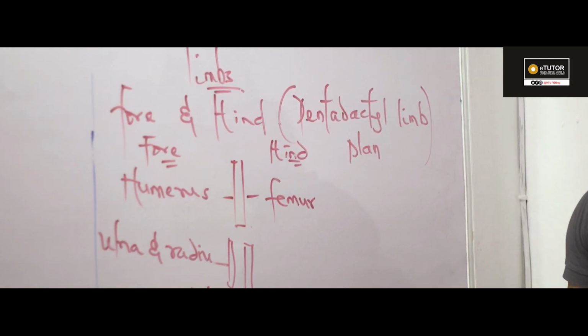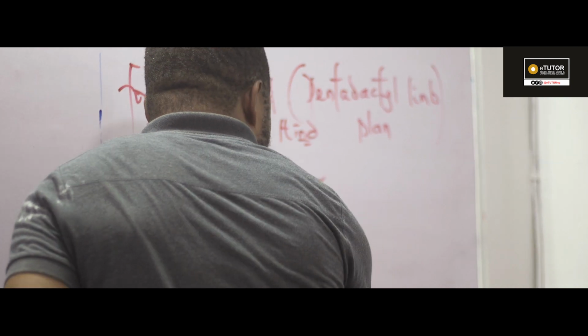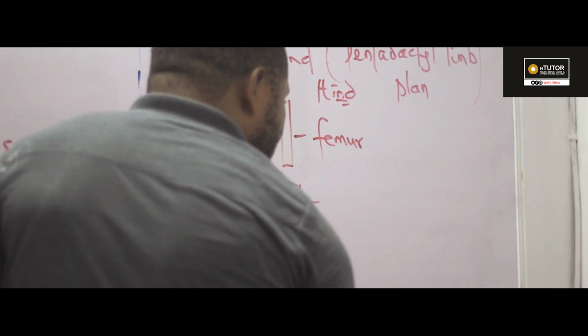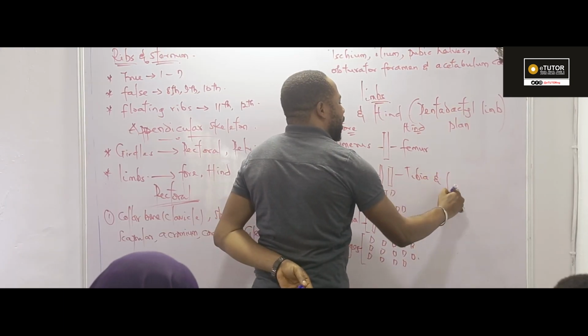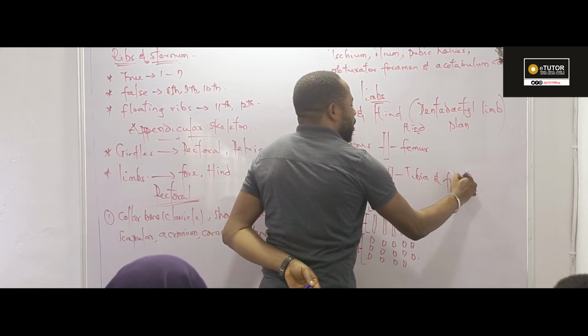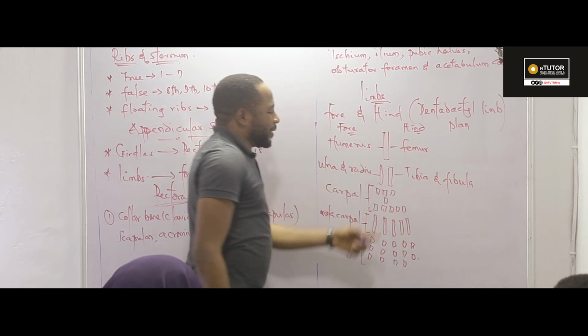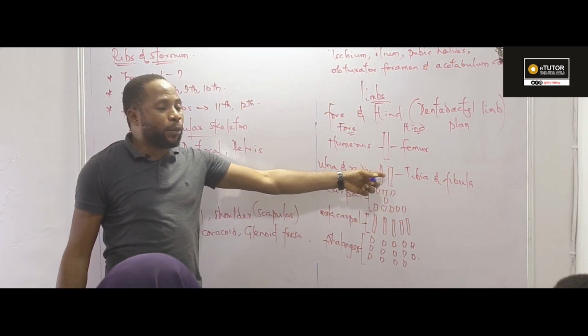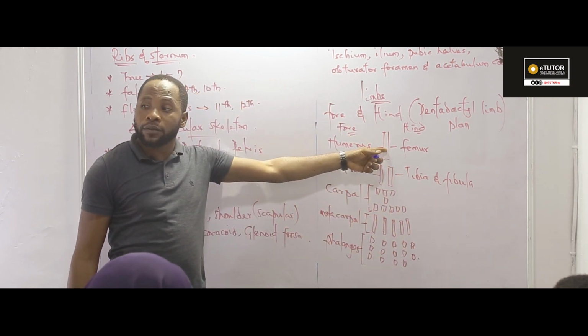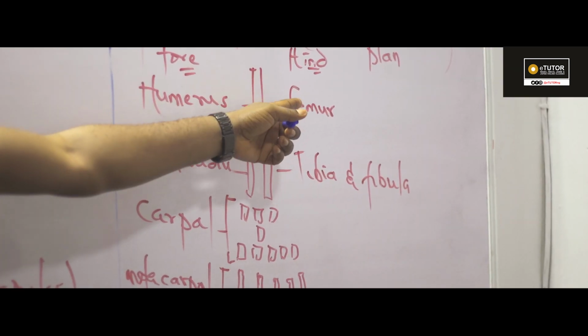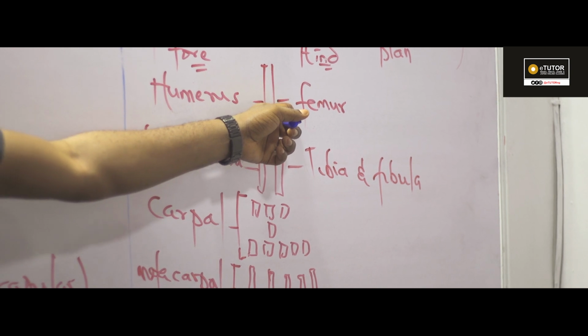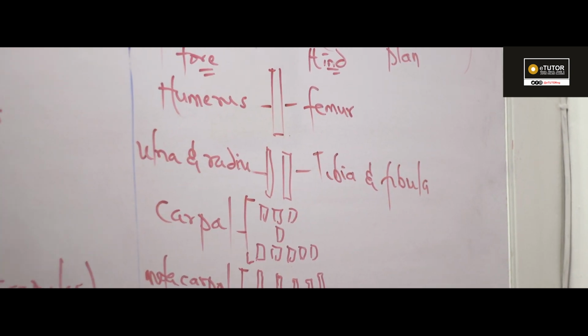Then the next is the bone of the lower leg. We call them tibia and fibula. The heads of the tibia and fibula fit with the femur to form a hinge joint at the knee, and it is covered by a knee cap called patella.